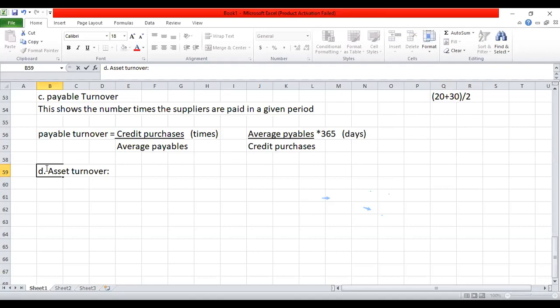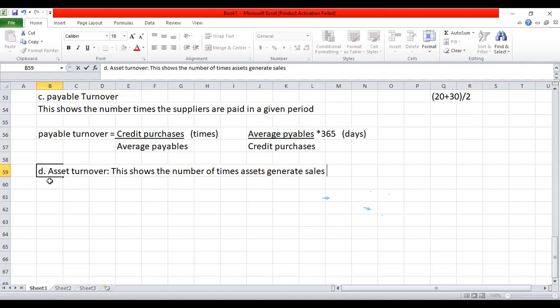The asset turnover. So we can say that this shows the number of times assets generate sales. How many times do your assets generate sales in a given period?